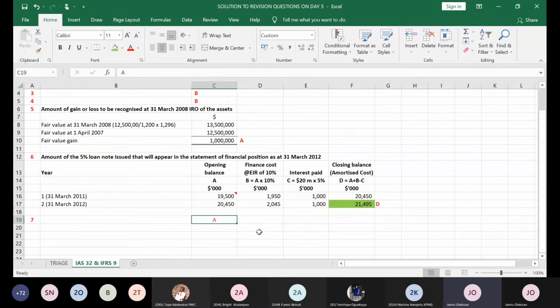I'm not doing it simply because we've done something like that in that earlier question. So that is the end of our financial instrument.